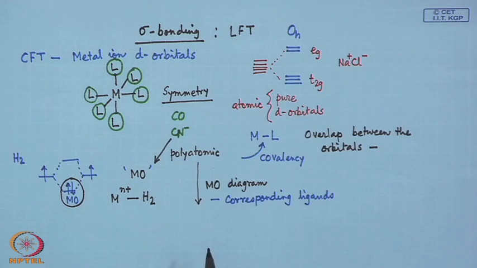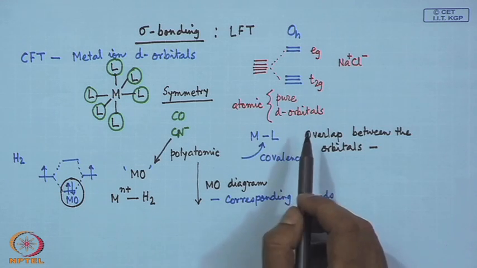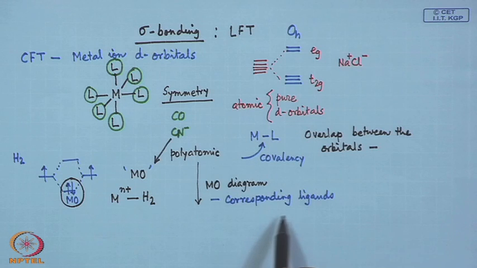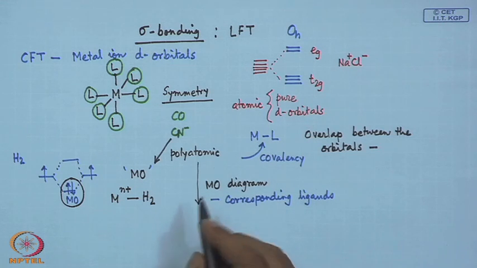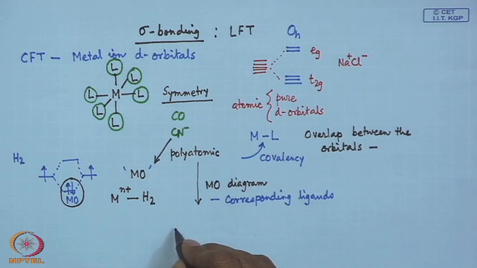We must have the corresponding molecular orbital diagram for the ligands, and these molecular orbitals from the ligand side can show some interaction with the corresponding molecular orbitals from the metal side.